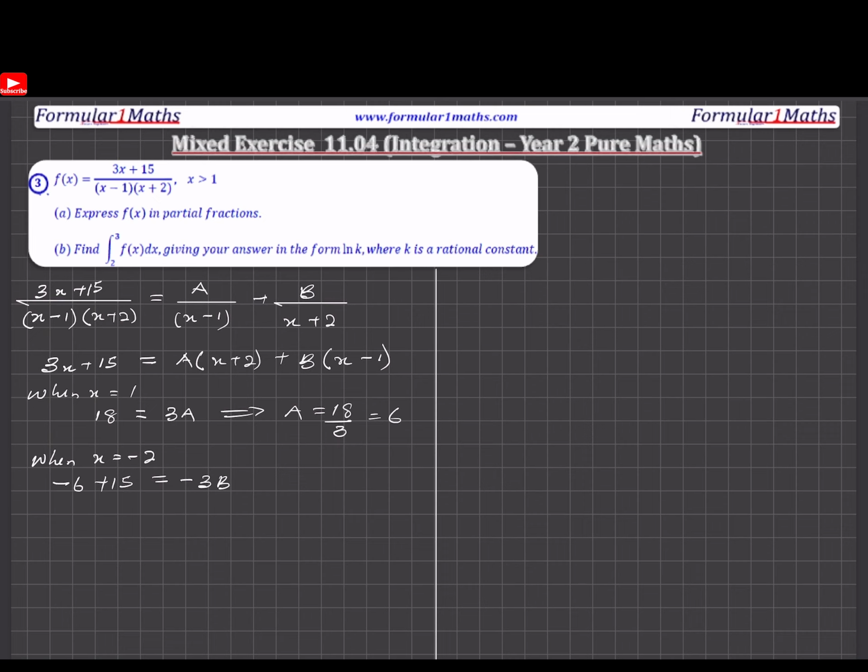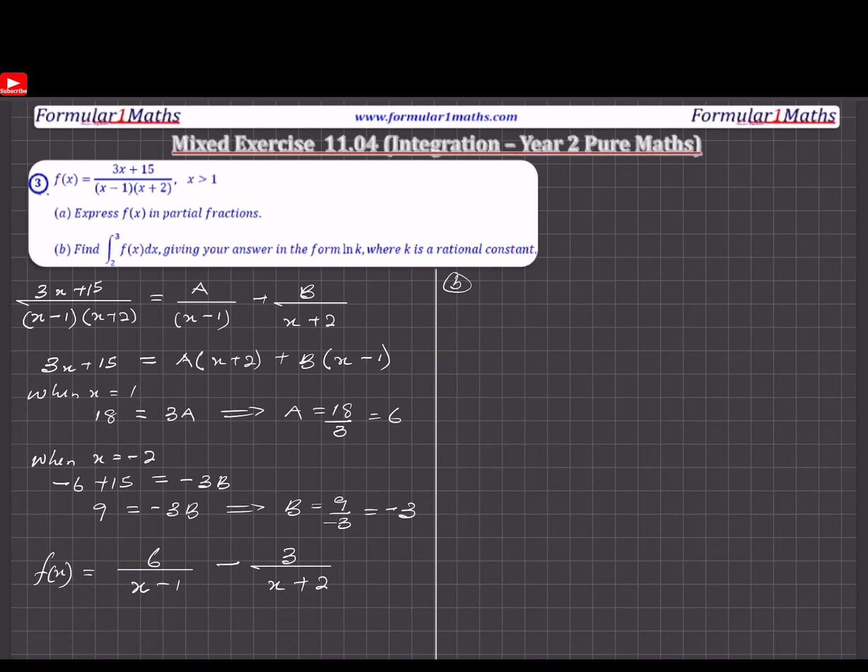So that means I'll get 9 is equal to minus 3b, which implies that b is equal to 9 over minus 3, which will be minus 3. So b is minus 3. f of x can therefore be written as 6 over x minus 1 minus 3 over x plus 2. And that's the answer for A.